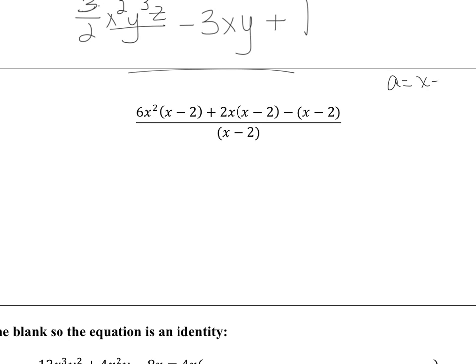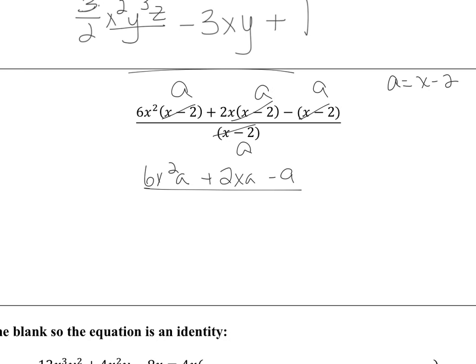You say a equals x minus 2, and each one of these would be an a. And you can see more clearly that it's like 6x squared a plus 2xa minus a all over a. You can see more clearly that you're just going to cross it out, basically. You're just going to divide it out in each one of the terms.